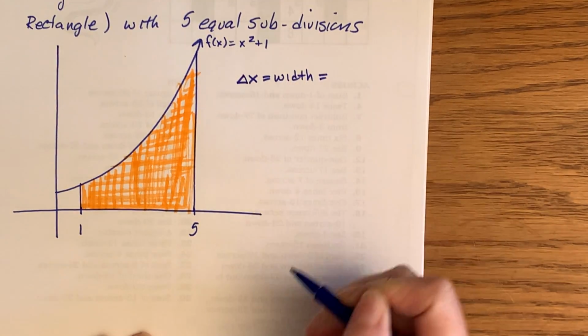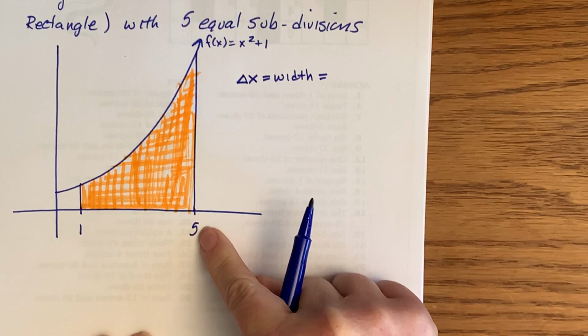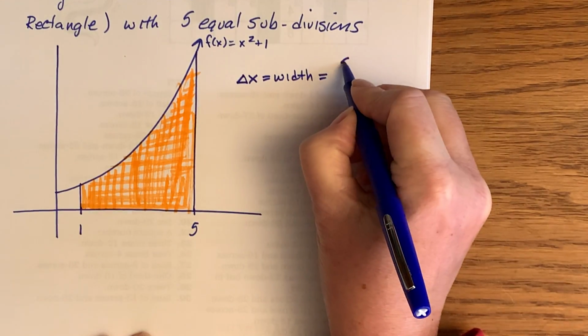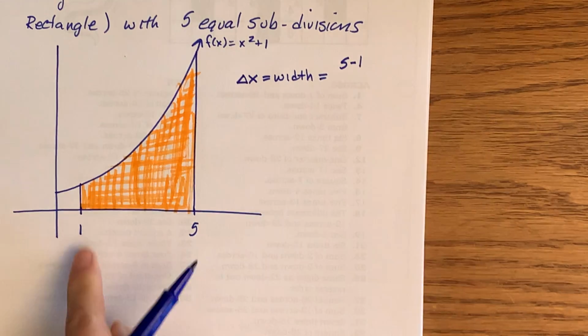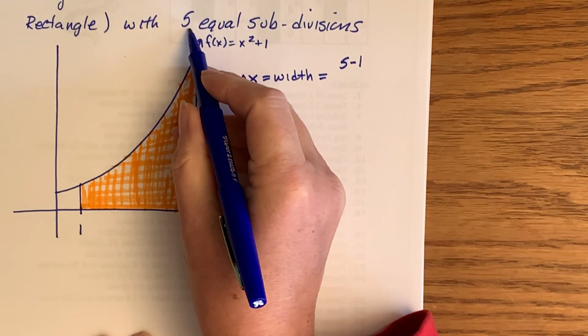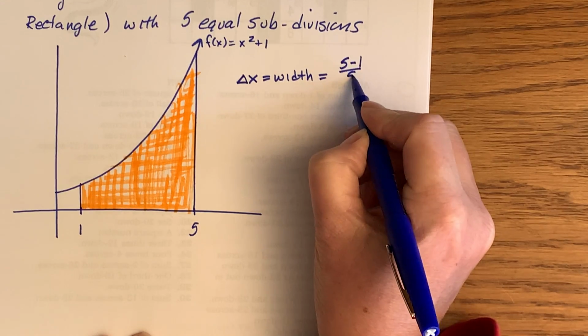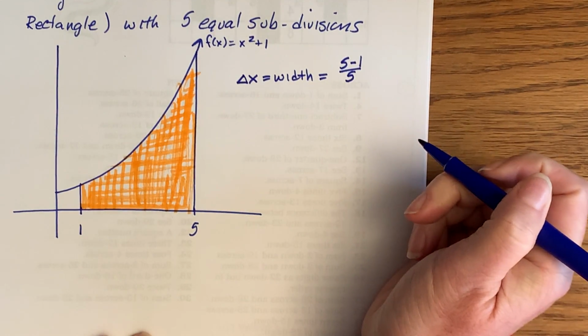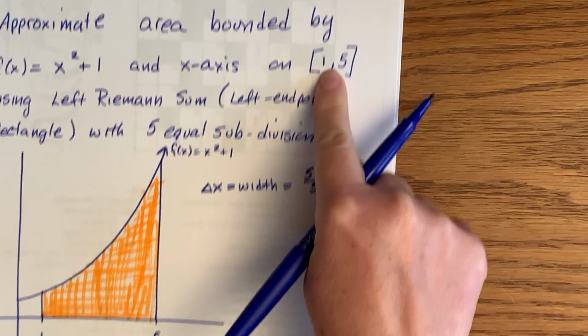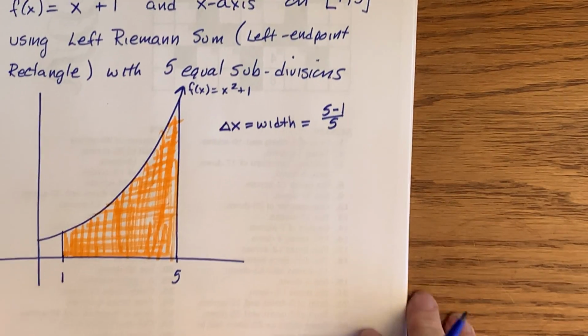Here's how we calculate it: it is the end of the interval minus the beginning of the interval. That tells you how wide the interval is. That's a distance of 4. And because it said so, we are dividing it into 5 equal pieces. So the numerator comes from this interval, and the 5 comes from the 5 subdivisions.